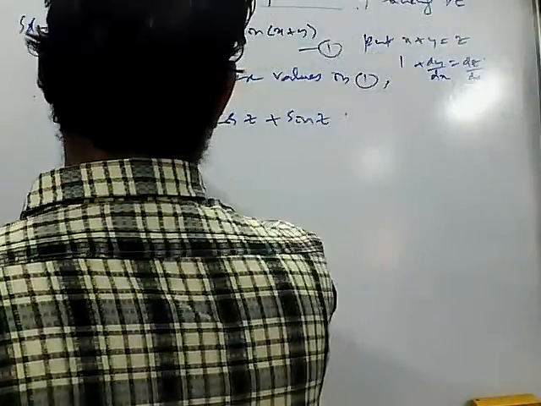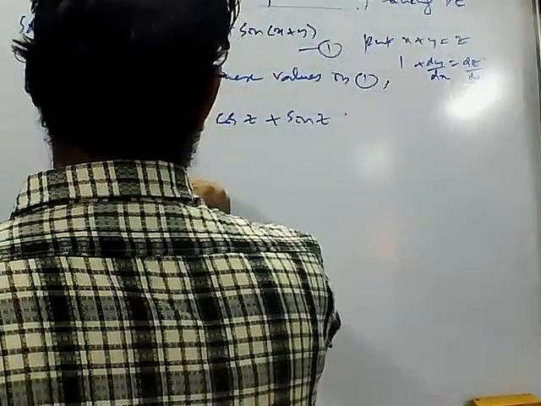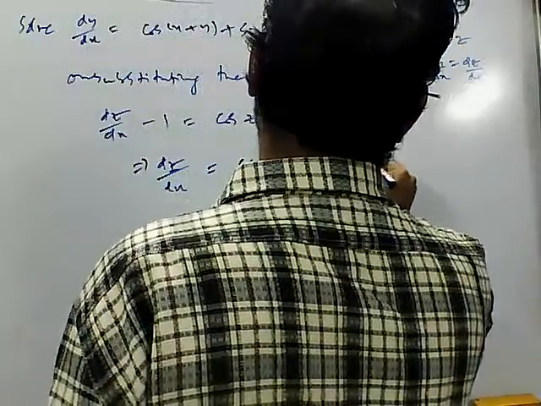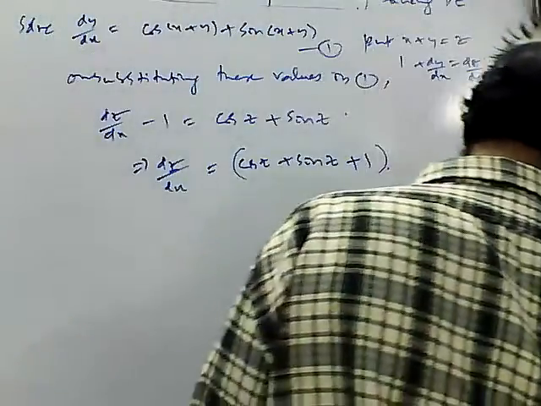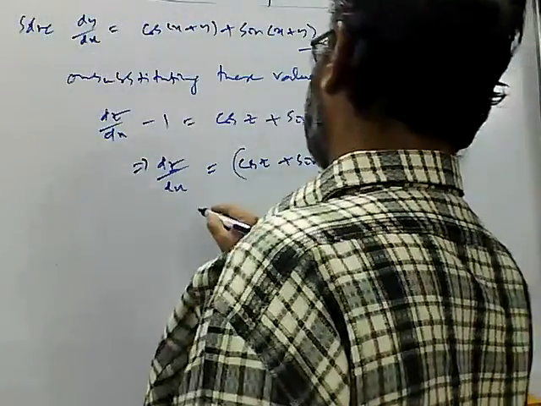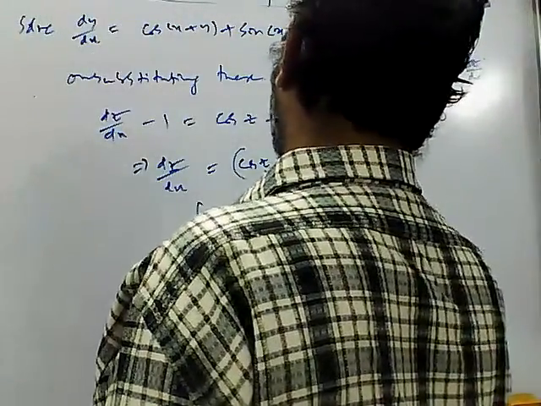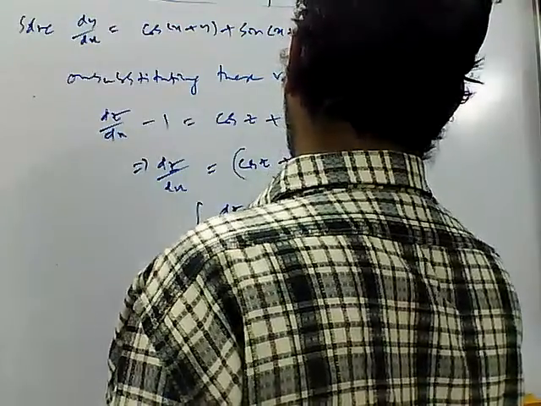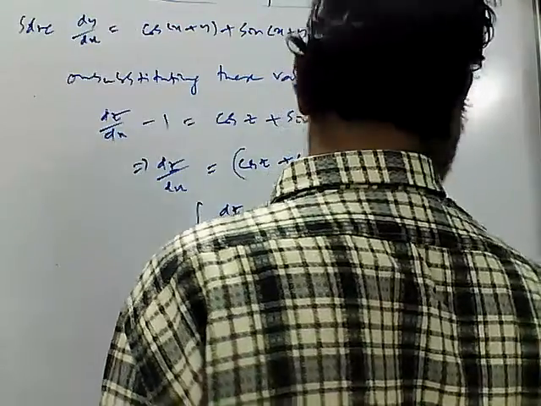That implies dz/dx = cos z + sin z + 1. Therefore, integral dz/(cos z + sin z + 1) = integral dx.